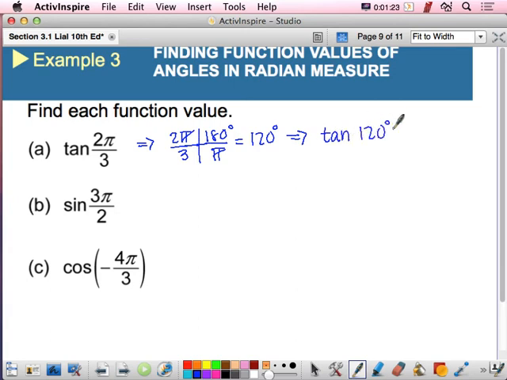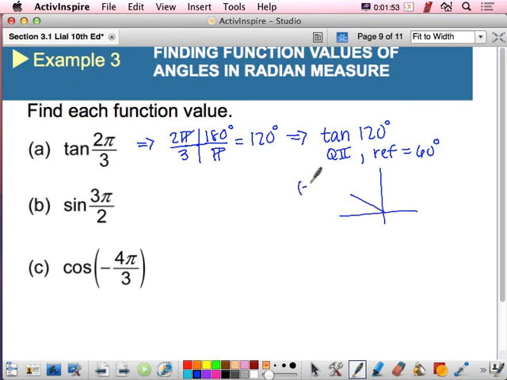Okay, well by now you should know enough or be able very quickly to figure out that is in quadrant 2, and it has a reference angle of what? 60 degrees. Okay, so 60 degrees is our reference angle. That means that it takes the place on the unit circle right over here, and that it has the ordered pair the same as 60 degrees.